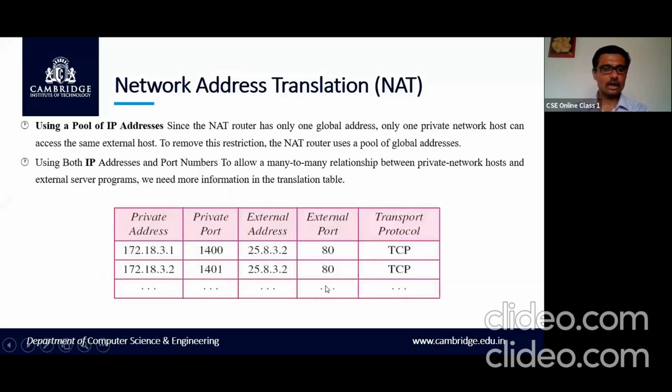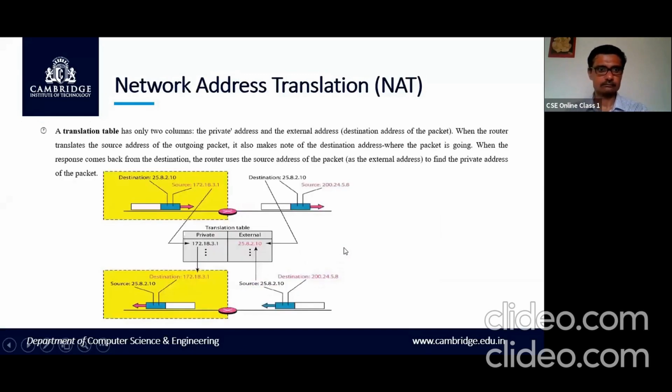Then there is a translation table. You can see here the destination address is this, the source address is this, and the destination address is also mentioned in the header. That comes to the NAT router. In the NAT router, there is a translation table.